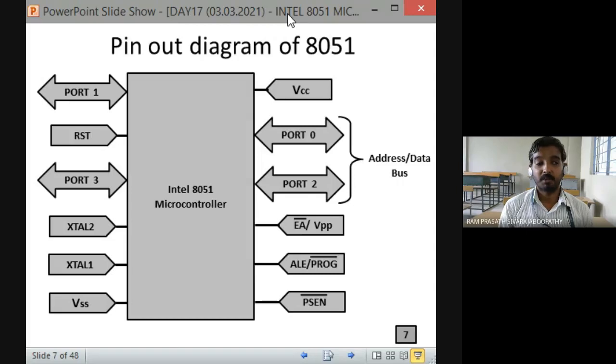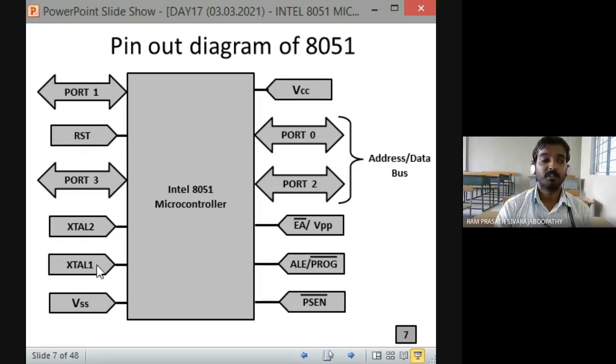Yes, XTAL 1 and XTAL 2. We are having 2 pins, XTAL 1 and XTAL 2. Across these pins only we are going to connect the crystal, correct? So inside the microcontroller I am going to have the oscillator, correct? On-chip oscillator we are having. To connect the crystal we are provided 2 pins, XTAL 1, XTAL 2.